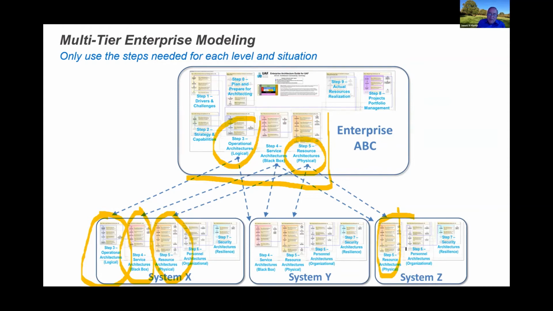We're going to use those as is, and we just work at the resource level. Whereas in this case, we're going to make some changes to the service architecture, no changes to the operational architecture from step 3. So the whole idea is that the workflow is tailorable, just like a standard WBS template would be on a program.